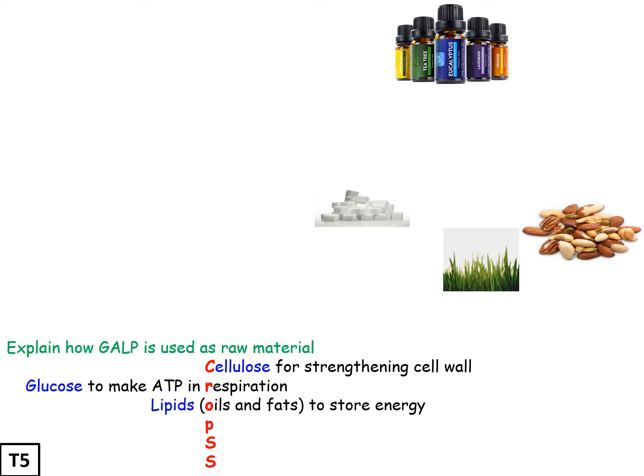Another raw material of GALP is proteins, so you can synthesize those proteins because GALP could be converted to amino acids, which then can be joined together to produce polypeptides, which fold into proteins based on their structures.